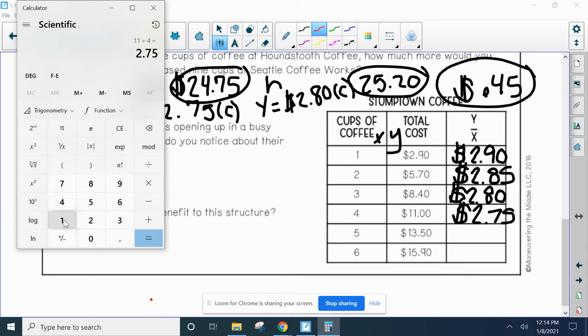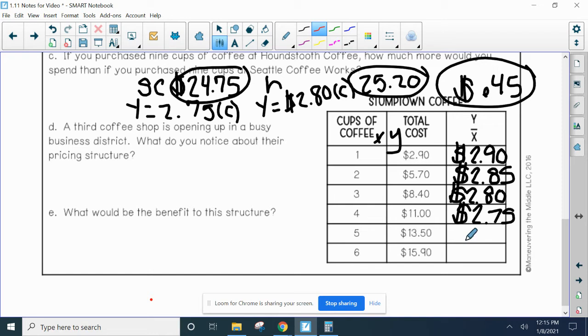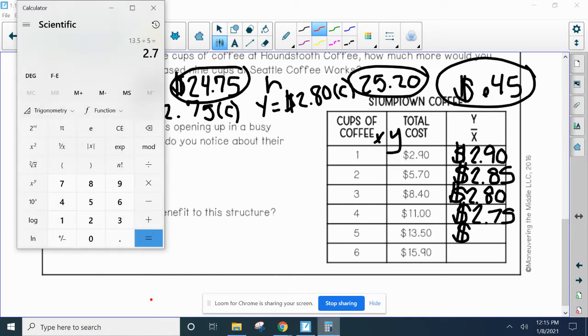For 5 cups, it is $13.50 for 5 cups. What was that? $2.70.